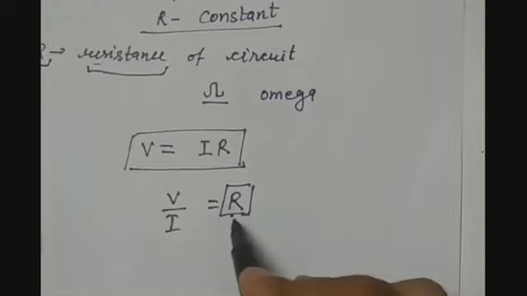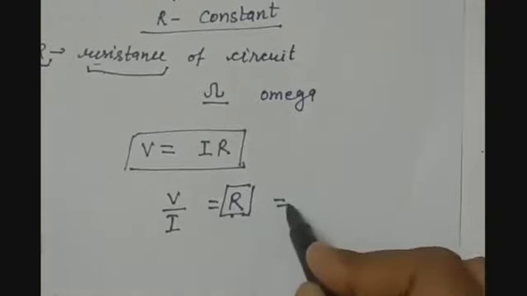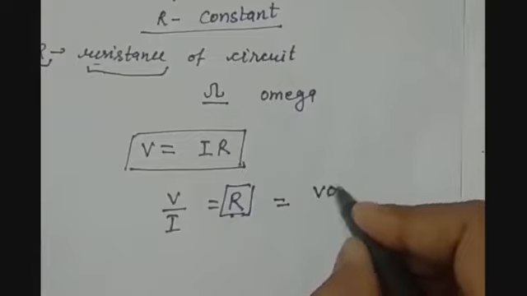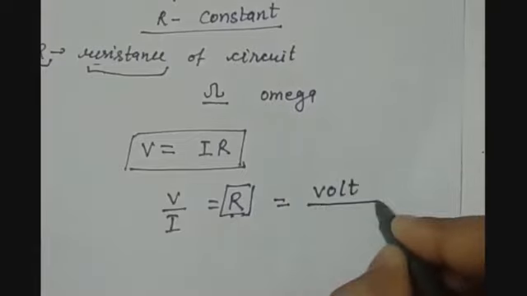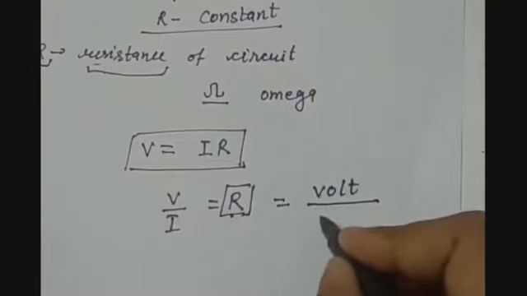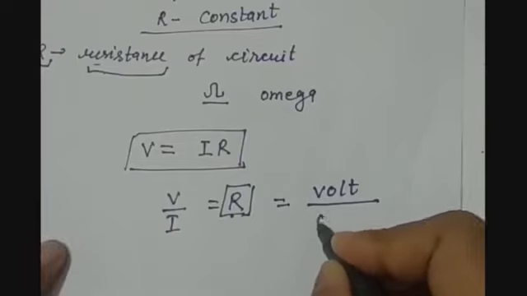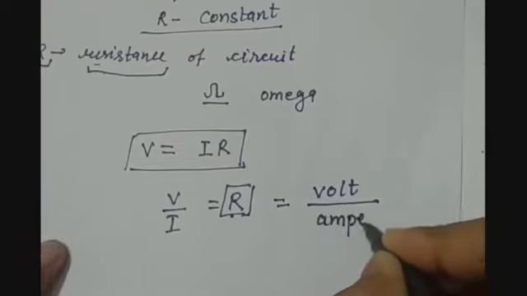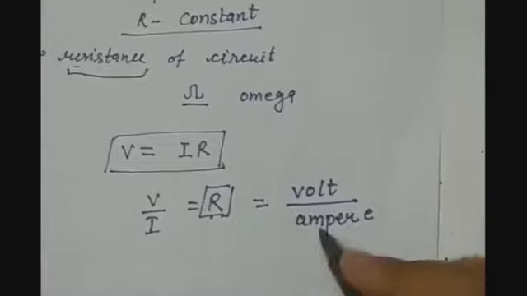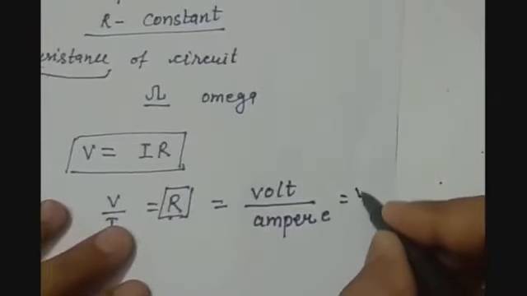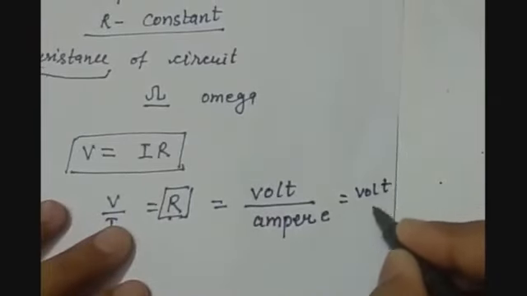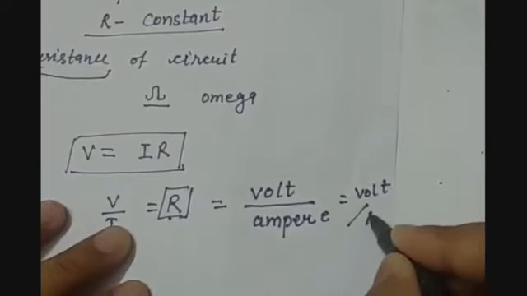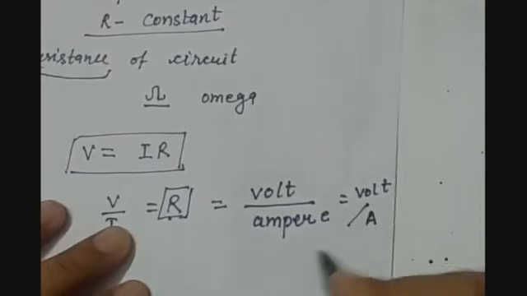So as R is equal to V upon I, the SI unit of potential difference is volt, and the SI unit of current I is ampere. So resistance will be written as volt per ampere. Ampere symbol is A. So you can say volt per ampere.